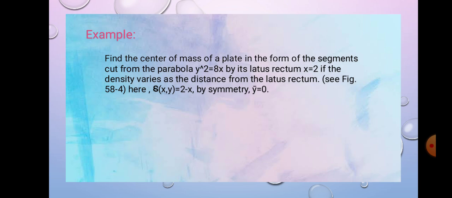Example: find the center of mass of a plate in the form of the segment cut from the parabola y squared is equal to 8x by its latus rectum x is equal to 2, if the density varies as the distance from the latus rectum. So here is the solution.